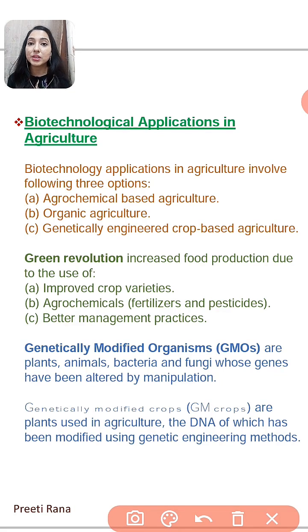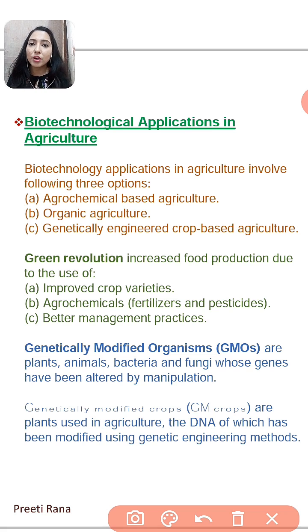We have used the words genetically modified organisms. What does it mean? Genetically modified organisms are plants, animals, bacteria, fungi, or any organism whose genes have been altered by genetic engineering processes.